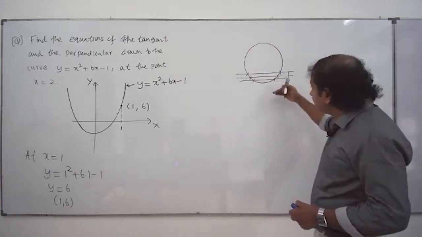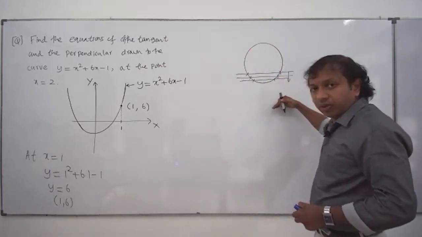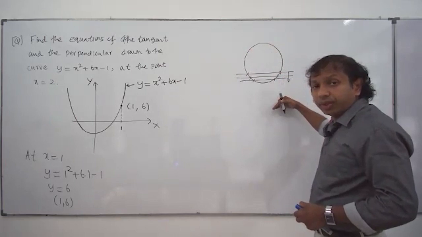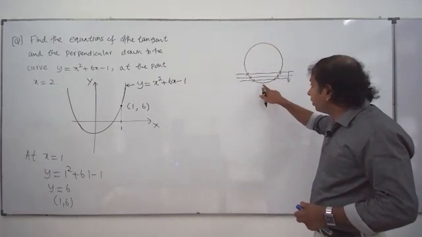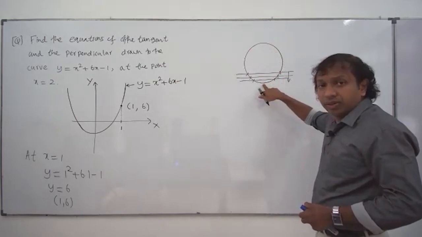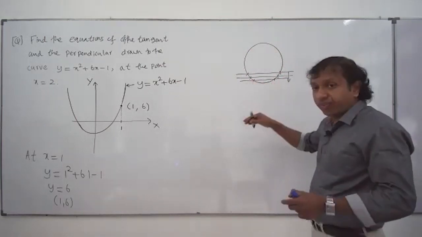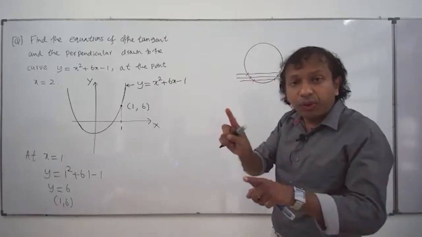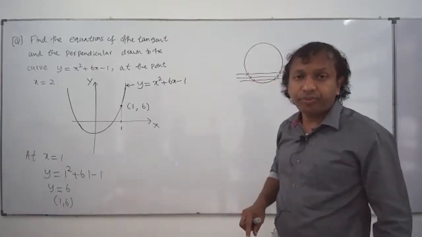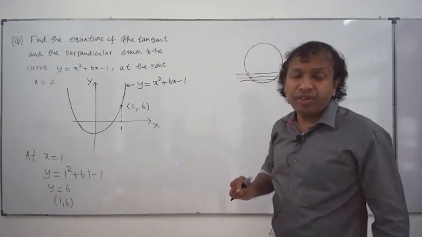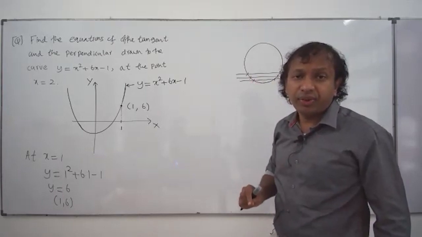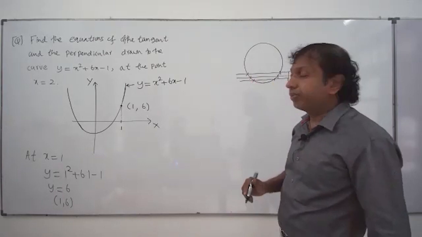At one occasion, this line touches the circle and these 2 points of intersection overlap each other. On that occasion, we define this line as a tangent to the circle.